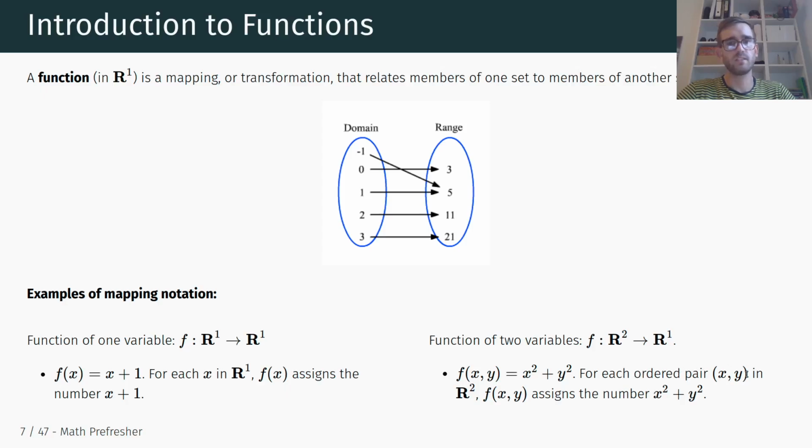So we're mapping each ordered pair x and y, which is in R squared, a two-dimensional domain, to a single number in R1, which is x squared plus y squared. For example, the point x equals 1, y equals 1 would give 1 squared plus 1 squared, which equals 2.